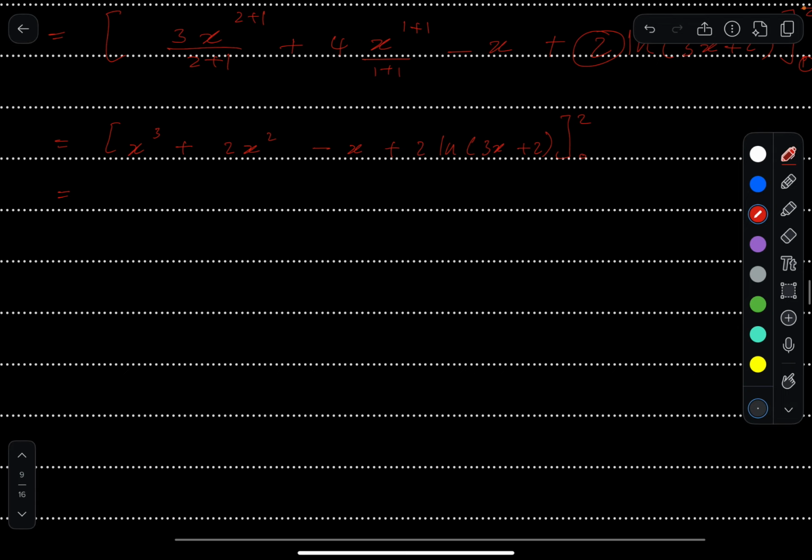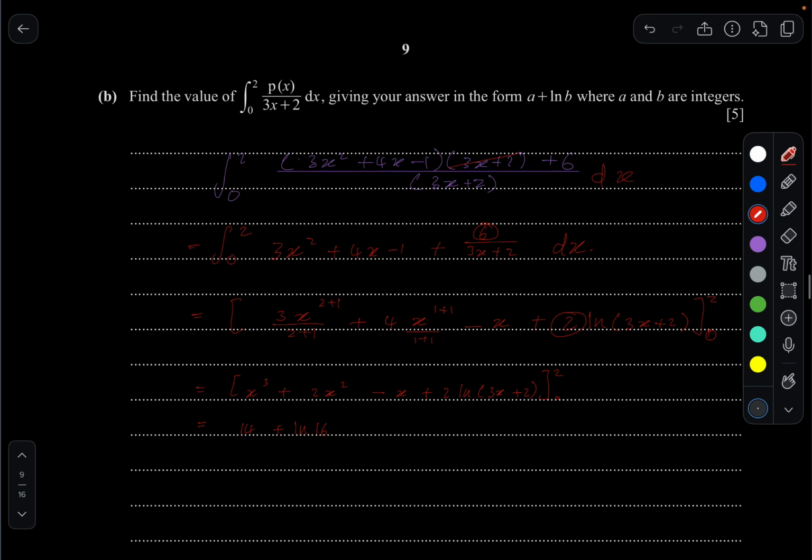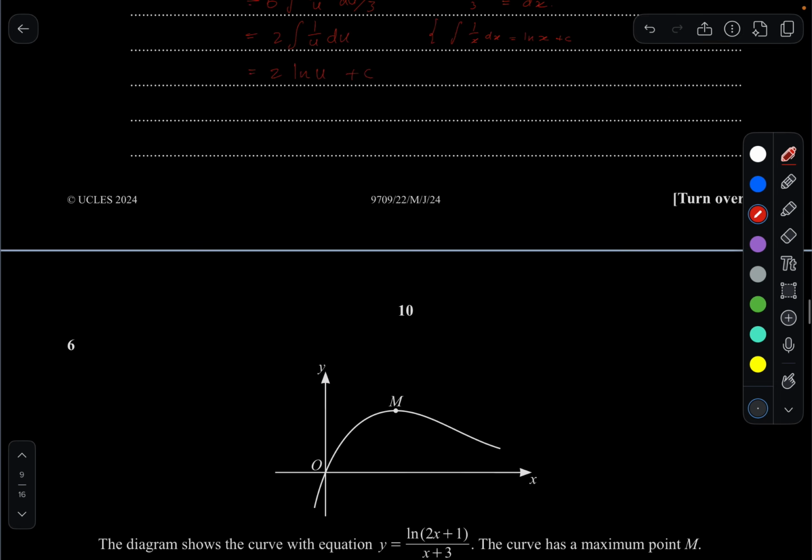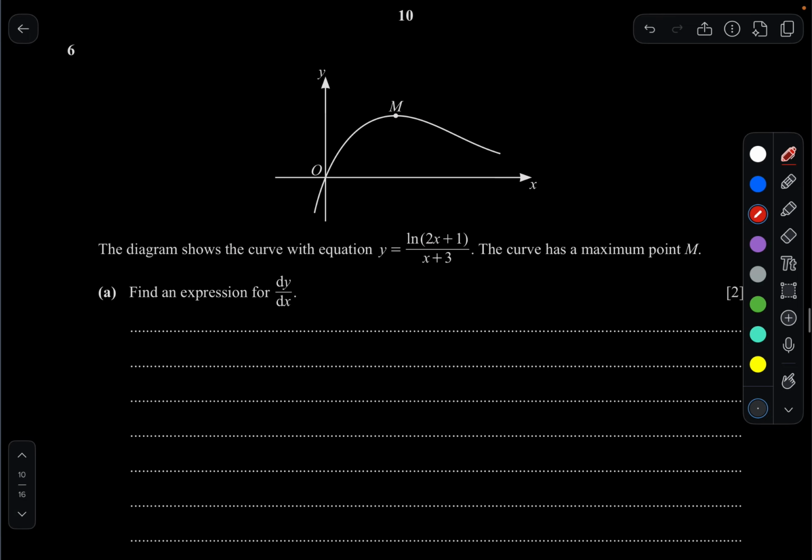Now, it's going to substitute in. So you're going to get a beautiful answer of, let me just jump straight to the answer, which is going to be 14 plus ln of 16. So you will get it from there. Hopefully that makes sense. Don't want to spend too much time on that.